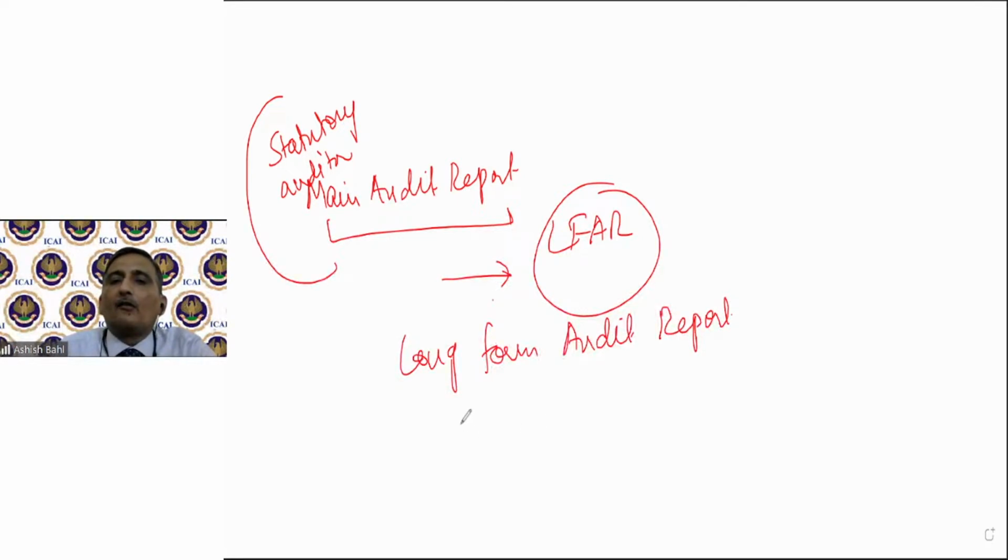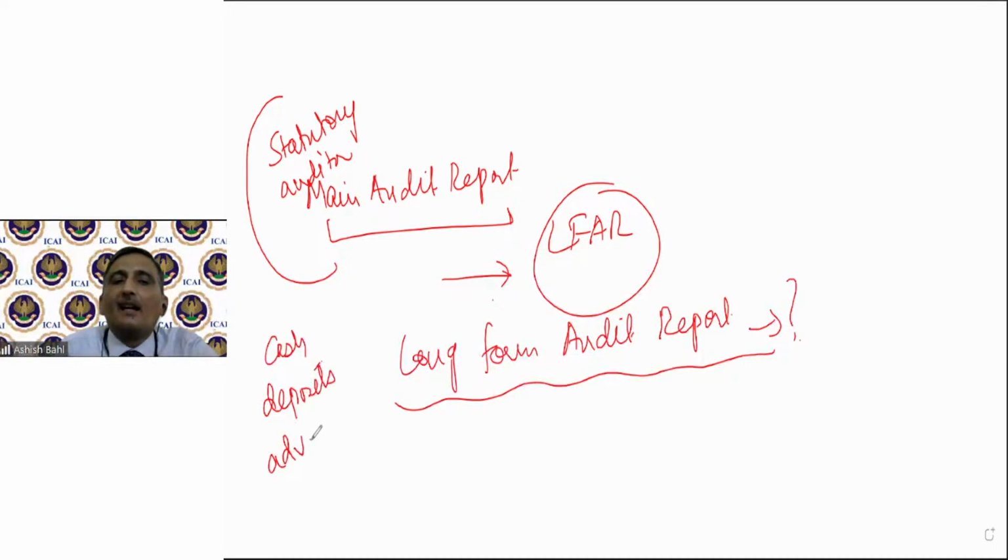So what is long form audit report? This report contains auditors' comments on various areas of functioning of bank, like cash, like deposits, like advances. There is a structured format for long form audit report.